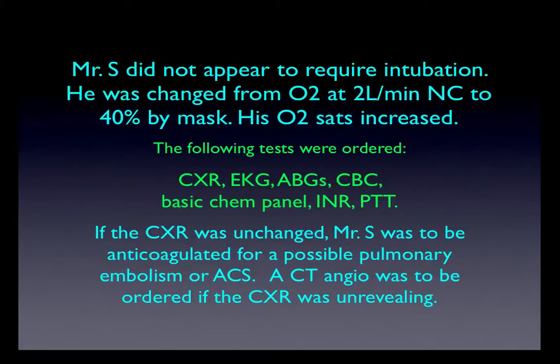If the chest x-ray was severely different, then a CT angio might not be required. But if his chest x-ray was unchanged and there was no other explanation radiographically, a CT angio was to be ordered, and the presumptive diagnosis of pulmonary embolism would be entertained.